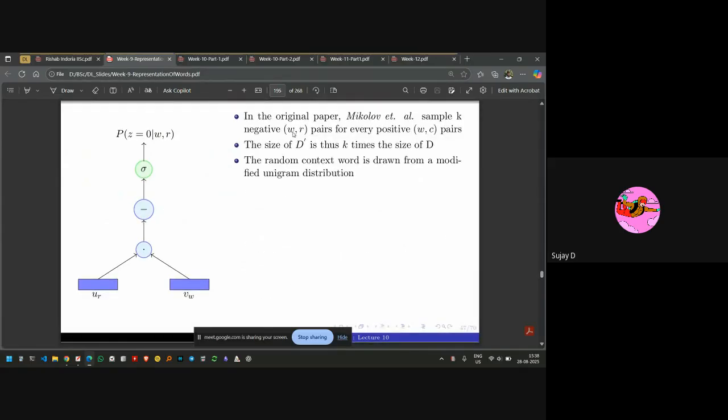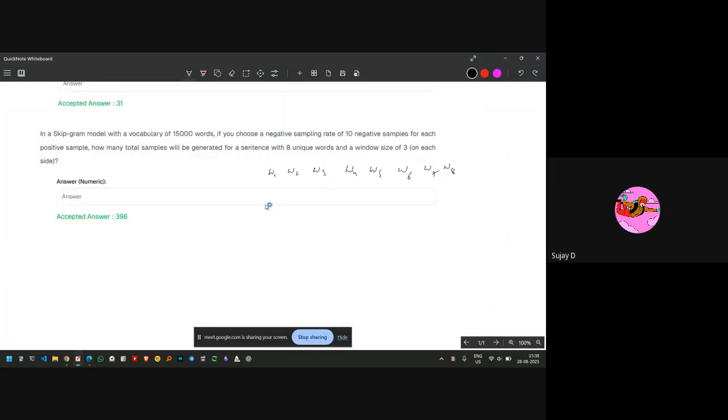For size of D, D dash wrong pairs, k times of the D, right? This will have how many pairs? 1, 2, 3. This will have 3. This will have 4. This will have 3 plus 2, 5. This will have 6, 6, 6, 5, 4, 3, 3.